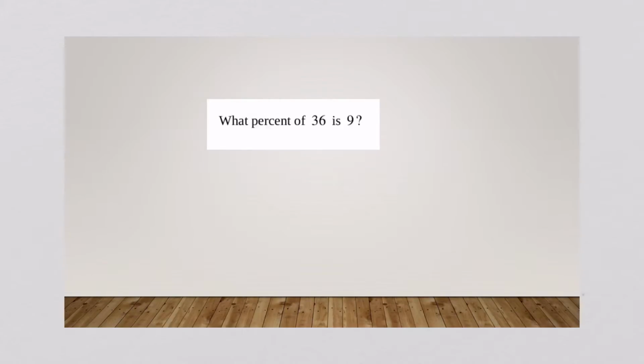Okay, this is a problem that I'm actually going to show you both methods again because it says what percent of 36 is 9. So again, I'm going to read this and write down what I see as soon as I read it. What percent means x? Of means multiply. 36 is means equals 9.